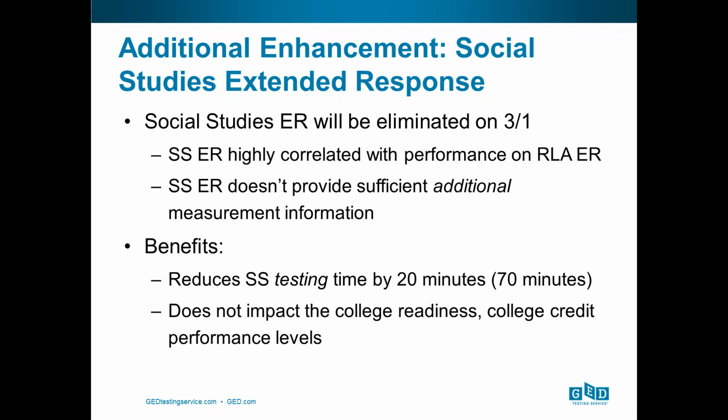And even trait 1 was so similar that the social studies extended response really didn't provide sufficient additional measurement information to be kept in. So for all of us, as our students click into that social studies test on March 1st and after, you will need to let them know that, first of all, their testing time will be reduced by 20 minutes. It will now be a 70-minute test.